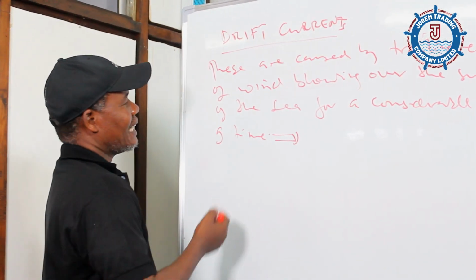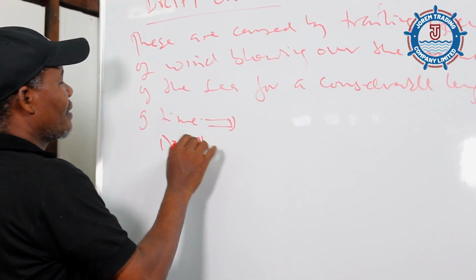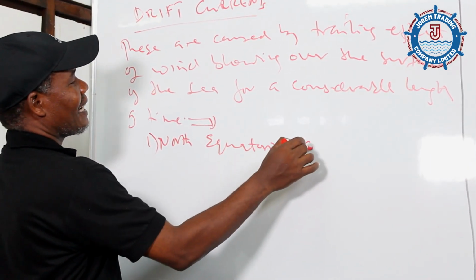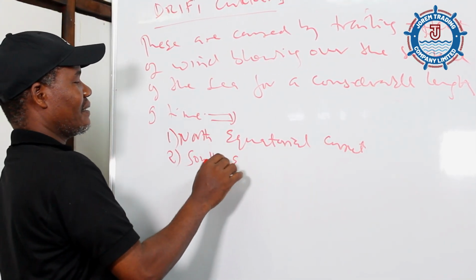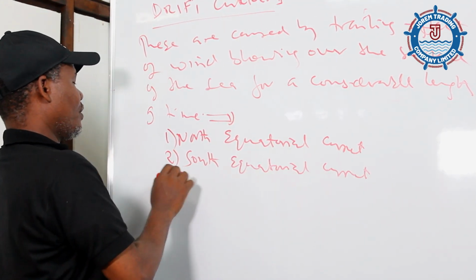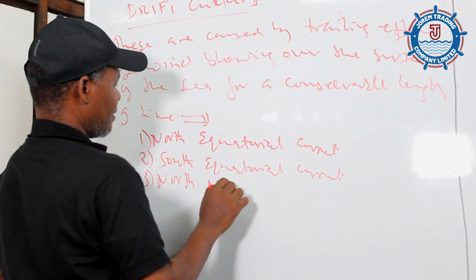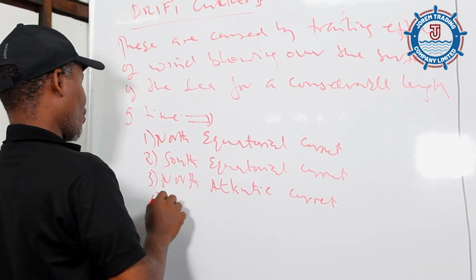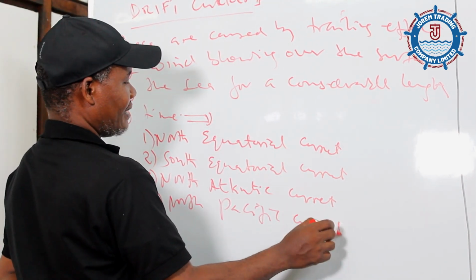So examples of this drift current include the North Equatorial current. We have the South Equatorial current. We have the North Atlantic current. We have the North Pacific current.